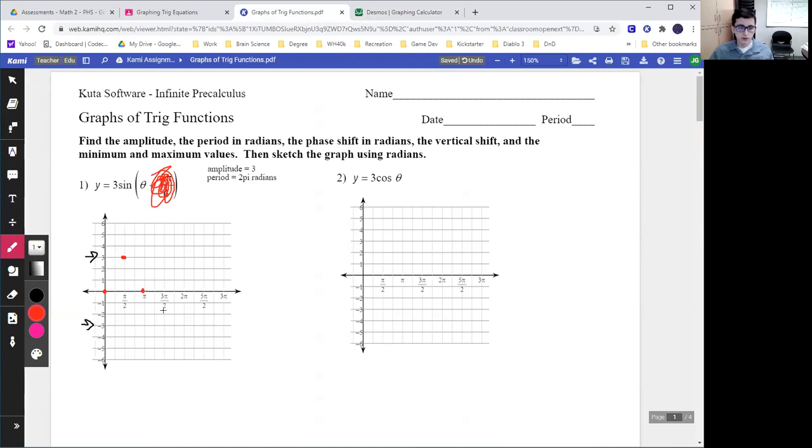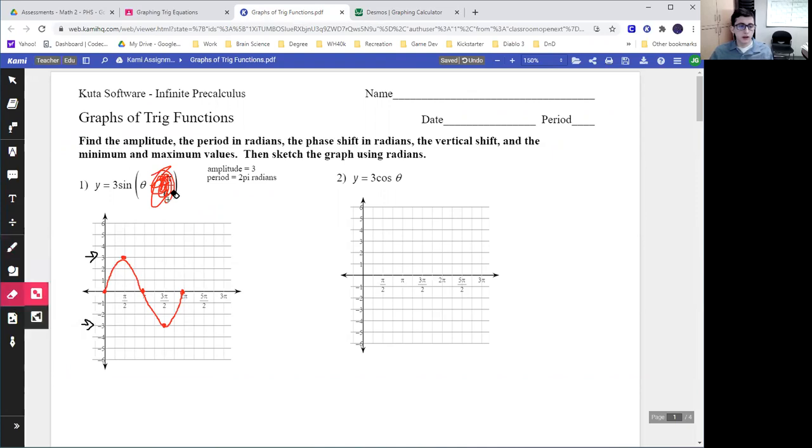Sine of 3 pi over 2 is -1. And then sine of 2 pi is 0. And this would represent 1 period. You can see that once we get to here, it's set up to just continue the cycle again.